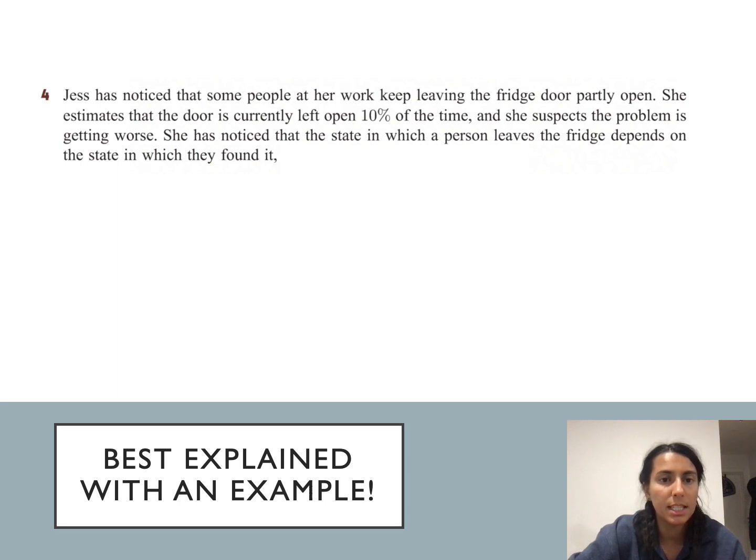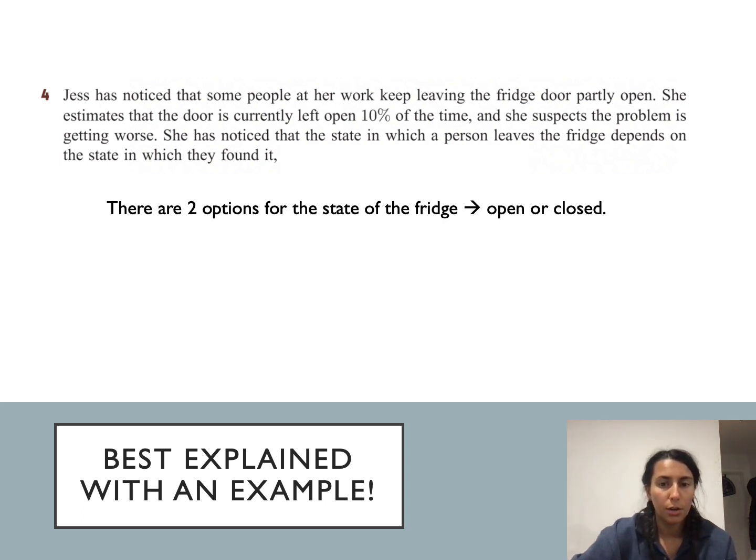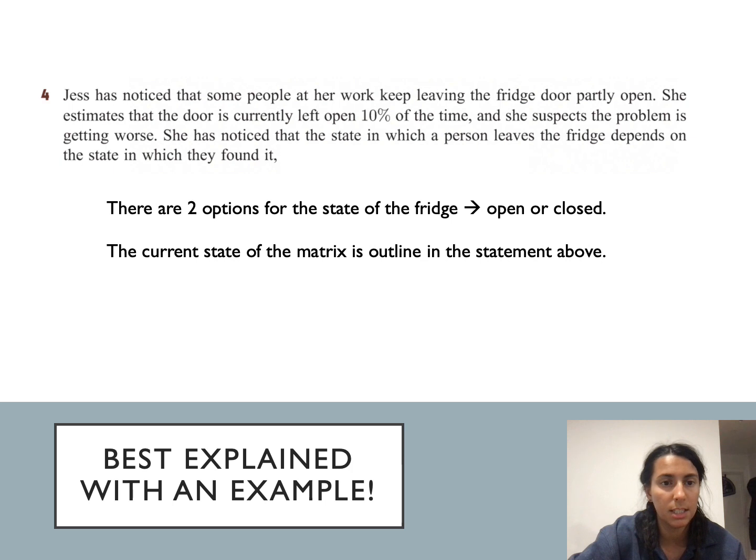She has noticed that the state in which a person leaves the fridge depends on the state in which they found it. There are two options for the state of the fridge: it is either open or closed. There's nothing in between. This information will be in the state matrix, and we had some information in this statement up here, so we can see that it's left open 10% of the time.